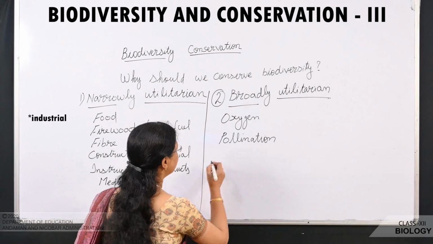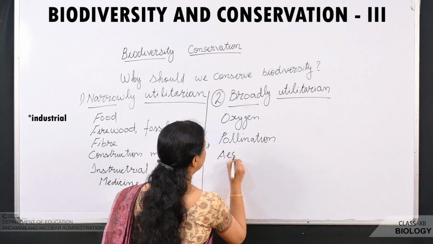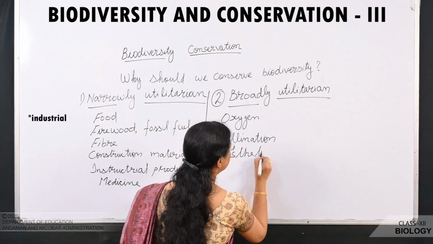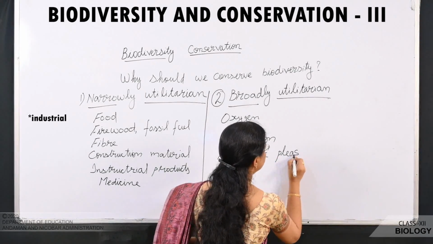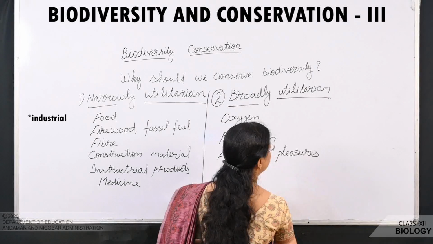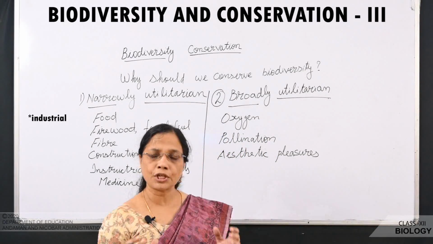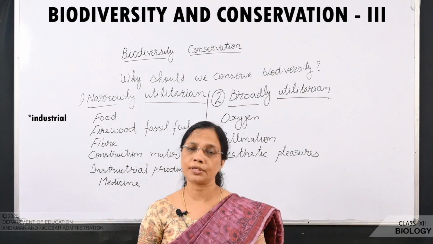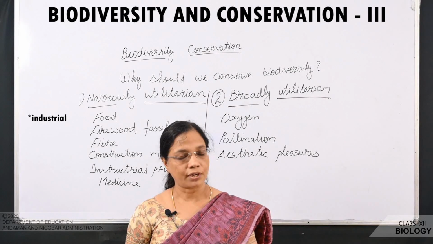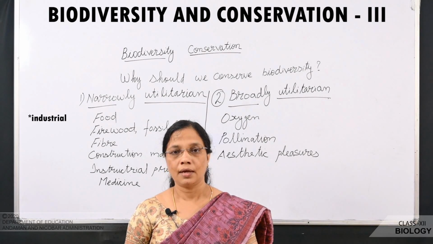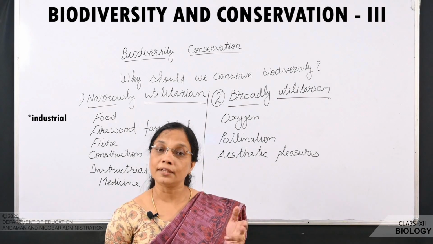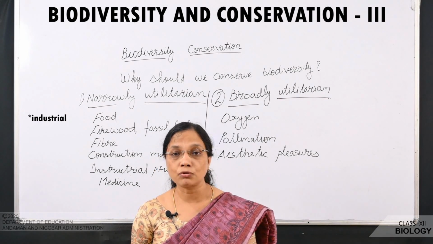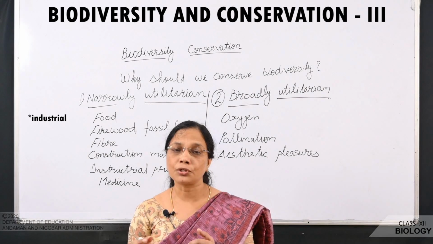Next is aesthetic pleasure. This nature provides us aesthetic pleasure in many ways. Walking through the forest, walking through the beach, walking in the garden, chirping sounds of birds, skating on the snow.